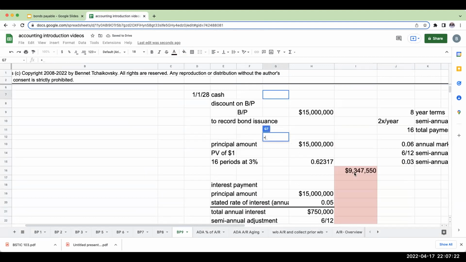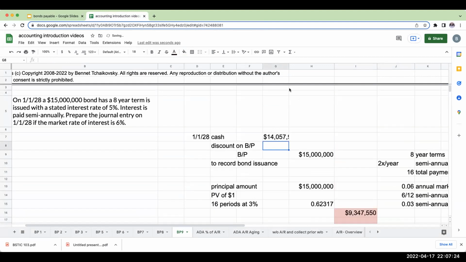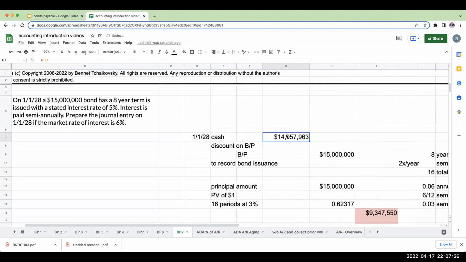So when I put this cash in over here, is this what we said it was going to be? Remember, what we said is that this amount is going to be less than the face value. So the difference is going to be my discount, or what I need to balance: 15 million minus 14,057,963. This is my discount on bonds payable.